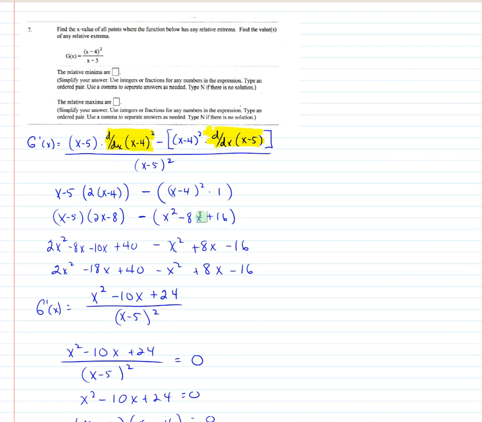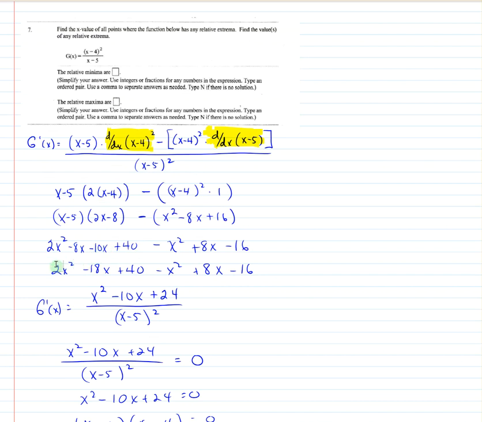So that's x squared minus 8x plus 16. This one, you go ahead and multiply, FOIL those out. You get 2x squared minus 8x minus 10x plus 40. I distributed the minus in this step. And the only thing I did in this last line was combine these two.